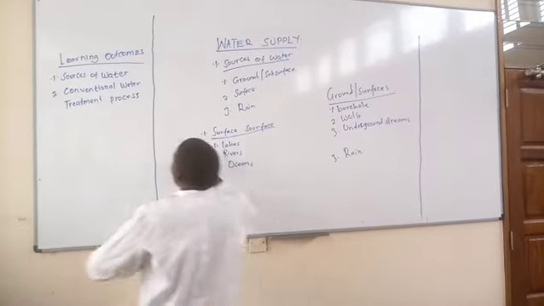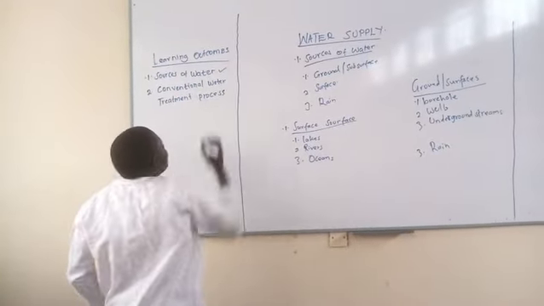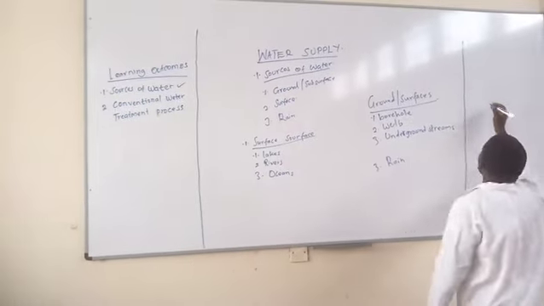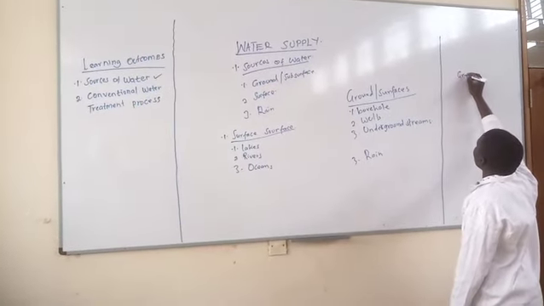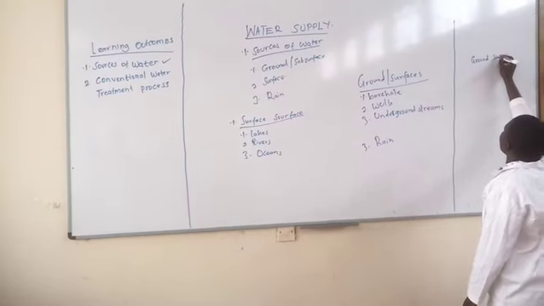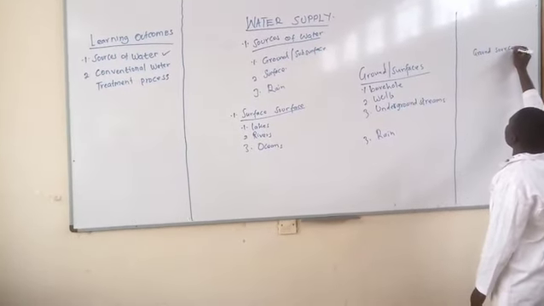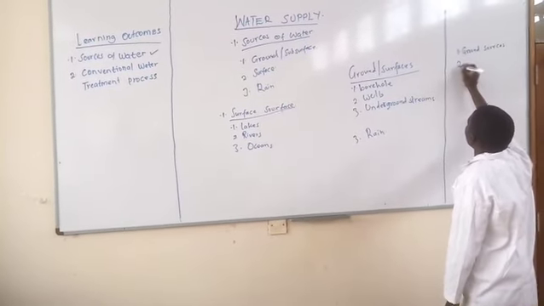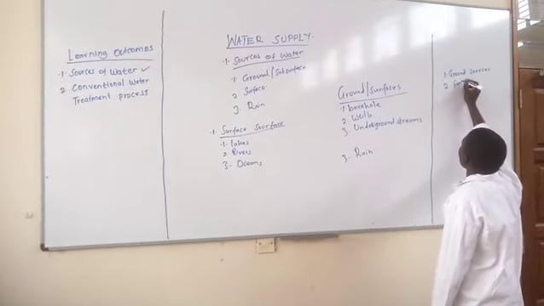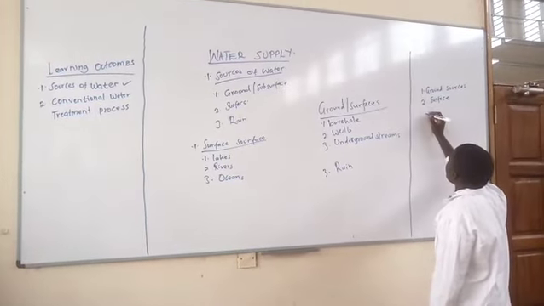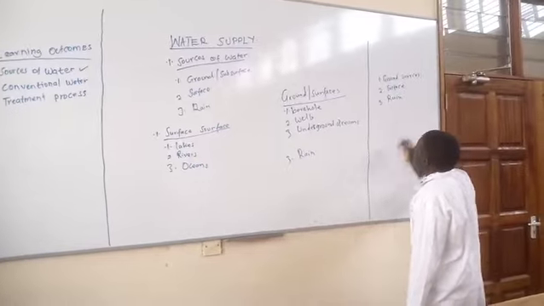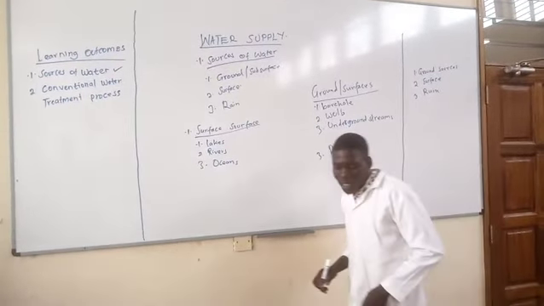I'm confident that we've achieved the first learning outcome. So to keep in mind, we have the ground sources, we have surface sources, and number 3 we have rain as a source of water.